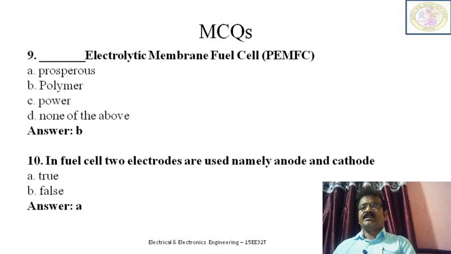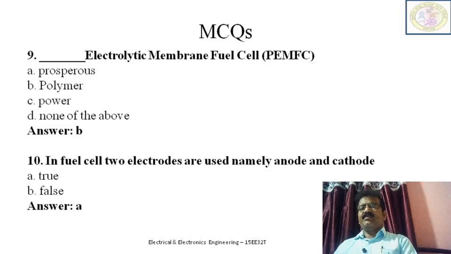10th one. In fuel cell, two electrodes are used, namely anode and also cathode. The answer A, true, B, false.